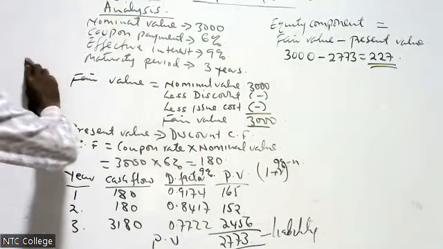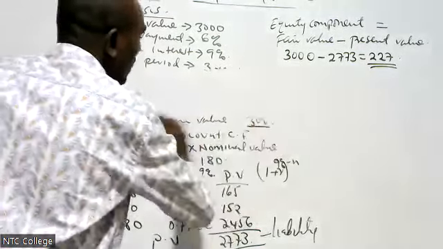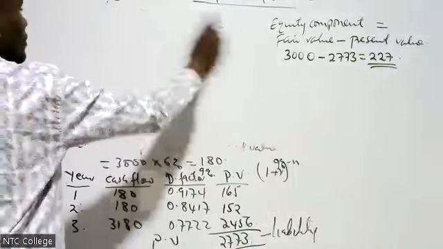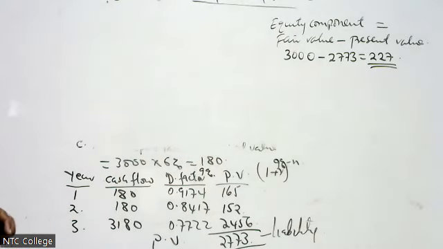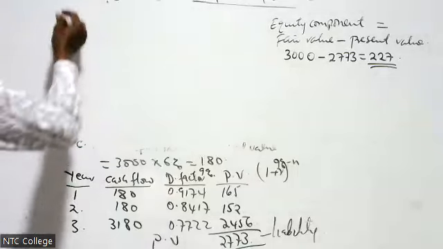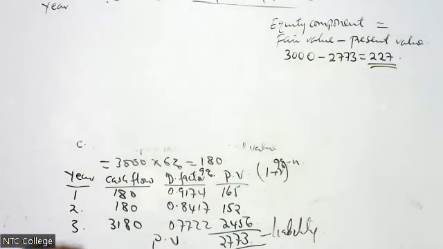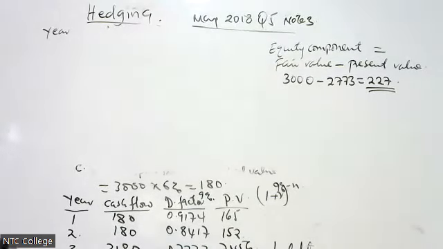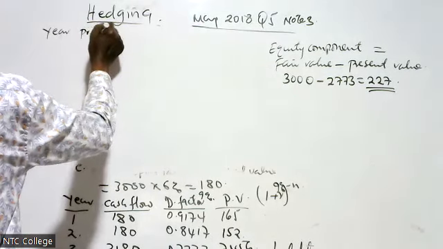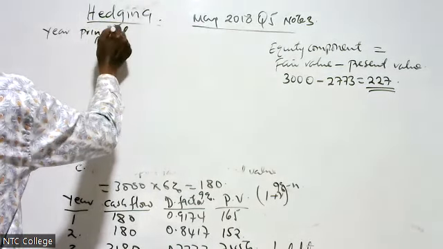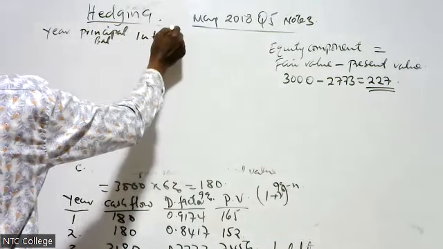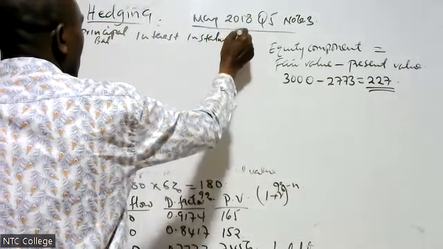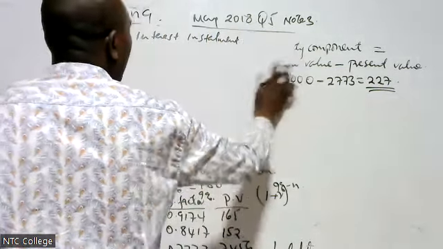Therefore, let me try to amortize. Let me prepare the amortization schedule and see how we are going to report on this. I will say here: principal balance, interest, then installment, then balance.